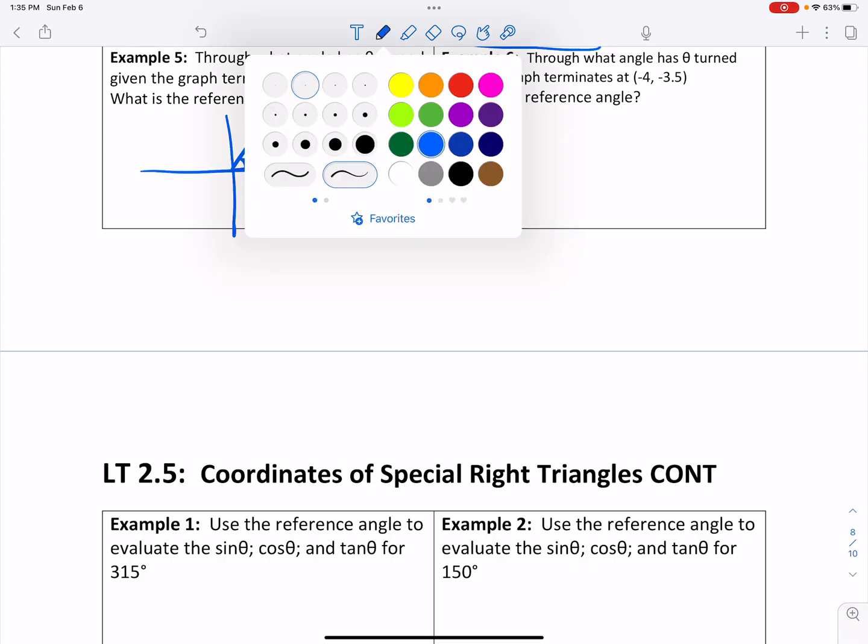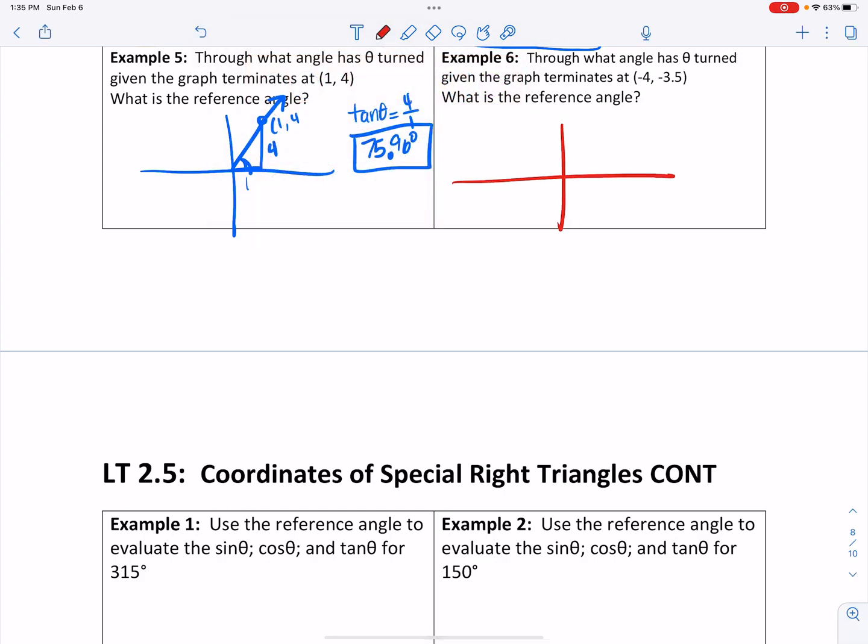But on the next one, it is not so because you have a point at -4, -3.5. Okay, so I'm going to find that theta by doing the tangent of theta equals -3.5 over -4. So the inverse tangent of a -3.5 divided by a -4 is 41.19 degrees.